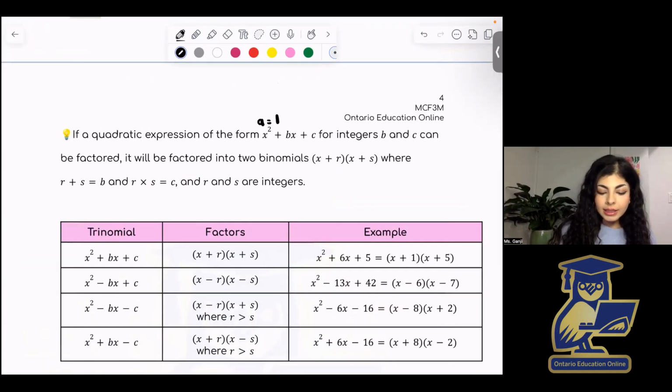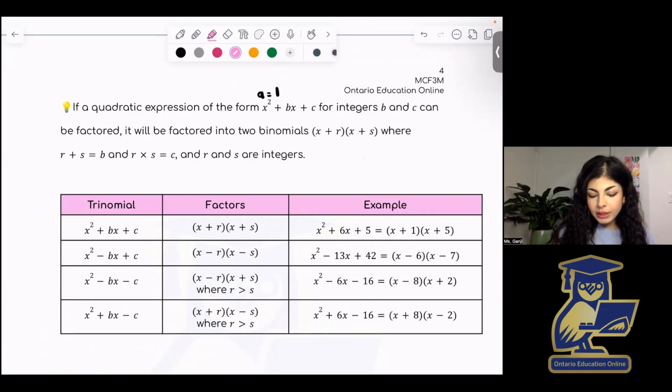And essentially what we were working with today was to find two numbers where their sum is b and their product is a times c, which, since a was 1, was essentially just c. So if we are factoring these expressions, we are looking for two integers r and s such that their sum is b and their product is c.